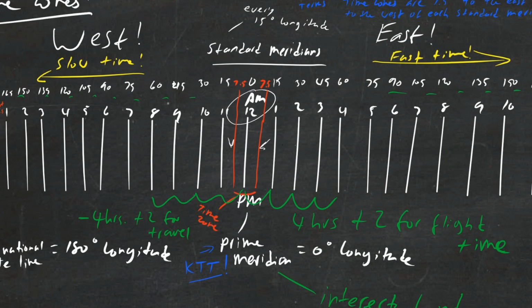If you look here, I've said a thousand times now that we're going to make the prime meridian be 12 o'clock a.m. Now, if you're going from the prime meridian and you're going towards the east, which is going to be fast time, then if it's 12 a.m. on the prime meridian, it's going to be 1 o'clock, 2 o'clock, 3 o'clock, 4 o'clock, 5 a.m. The further you go, it seems as if they're in the future. They're not, but that's how fast time works.